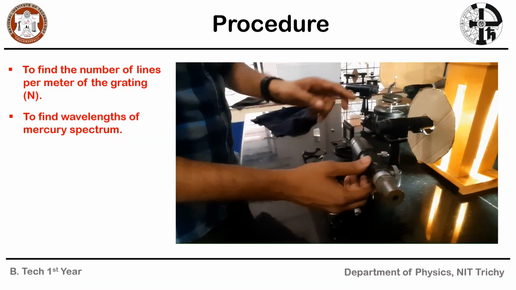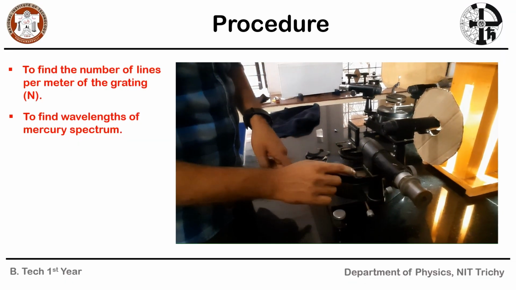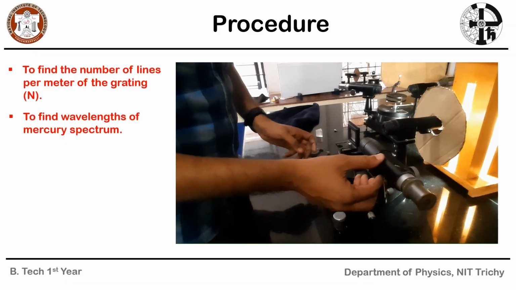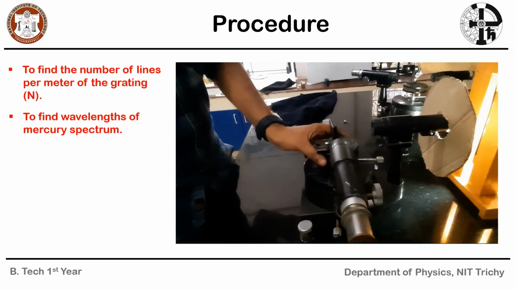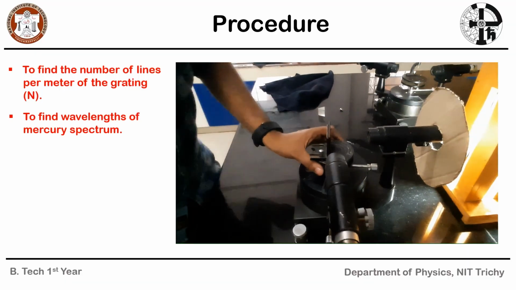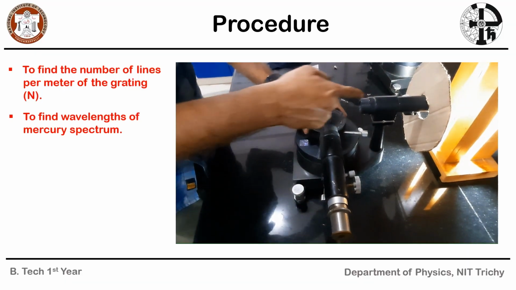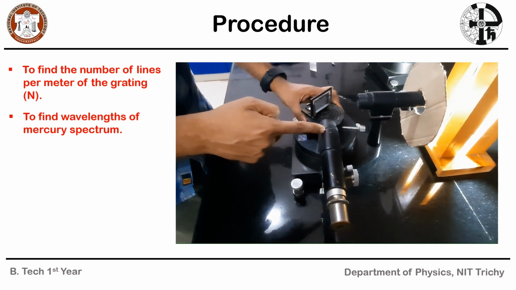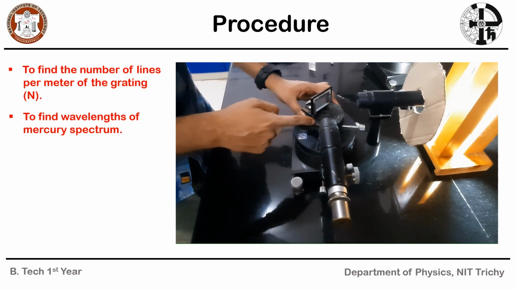Then you rotate the telescope in the counterclockwise direction by 90 degrees. Now you rotate the grating in the clockwise direction till the reflected light coincides with the crosswire.